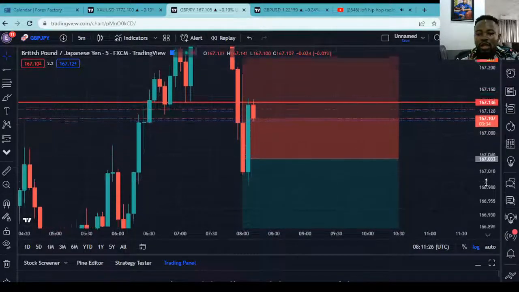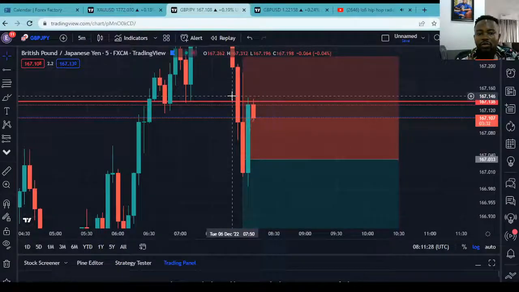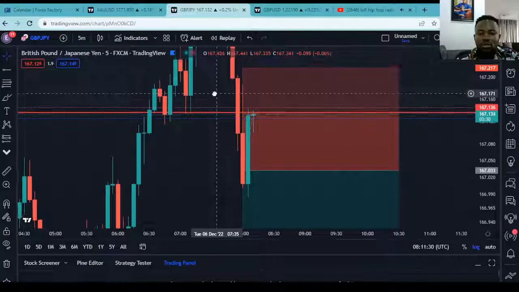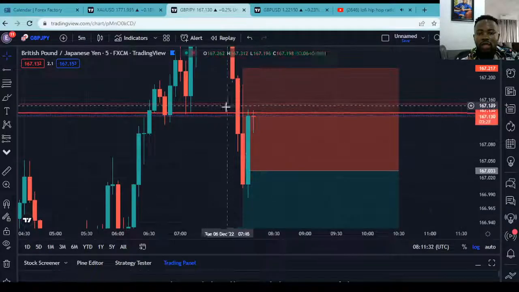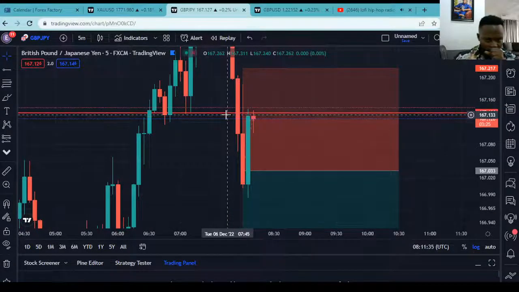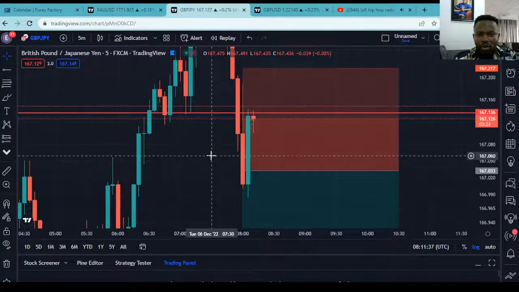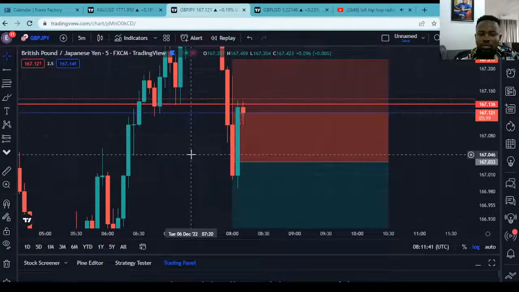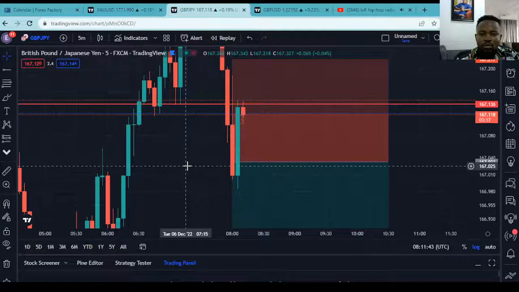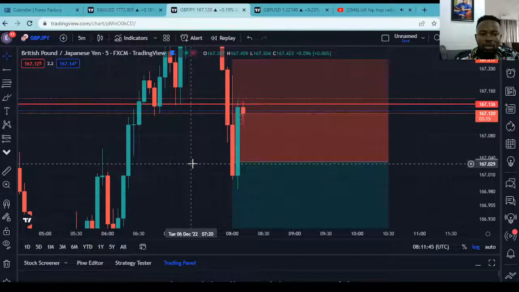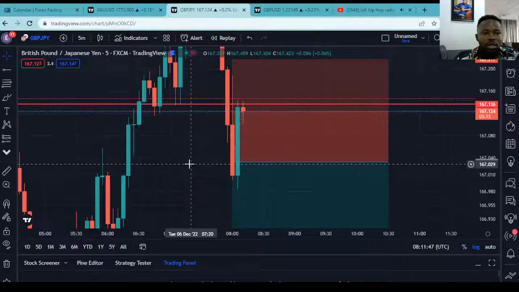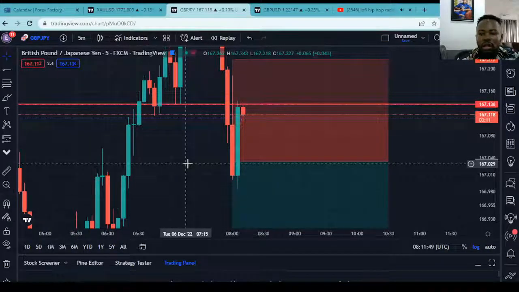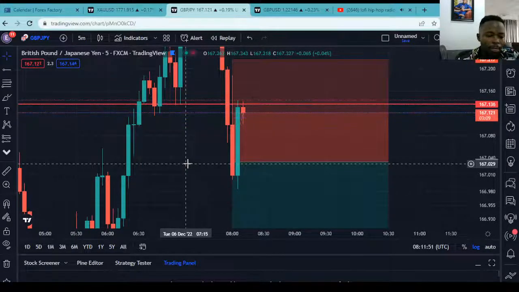But if this 5 minutes candle should break the highs of this previous 5 minutes candle, I'll close 50%. If you break the highs here, I'll close 50% of my trade. Because that will be the 15 minutes closing as a green candle, right?